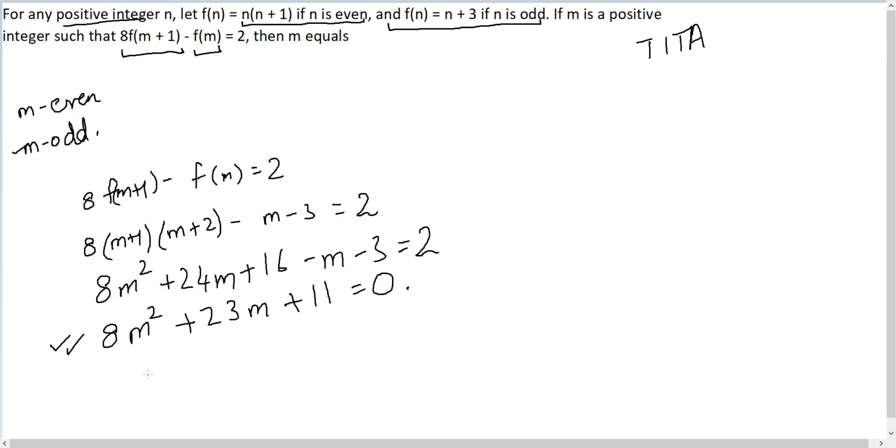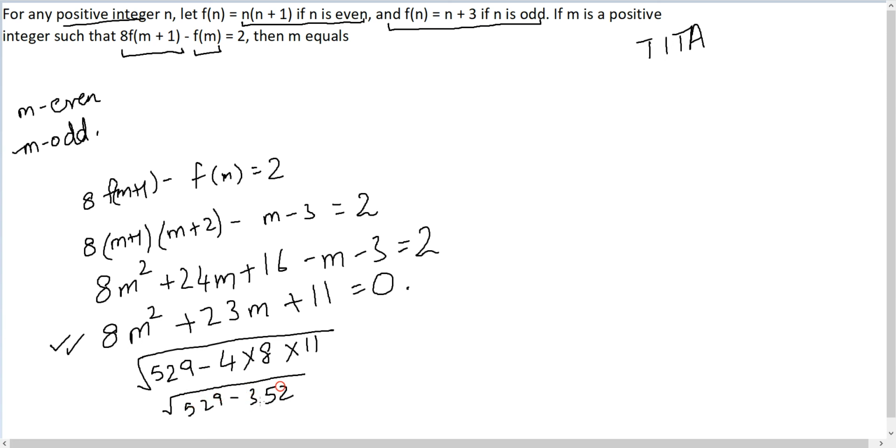Let's see, b square is 23 square, so 529 minus 4 into 8 into 11, which is 32 into 11, 352. 529 minus 352 gives 177.